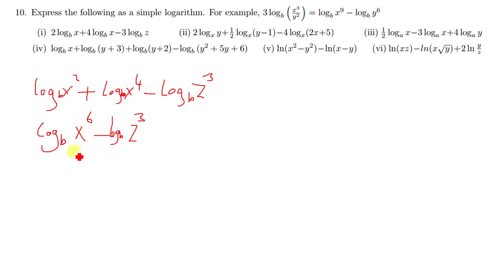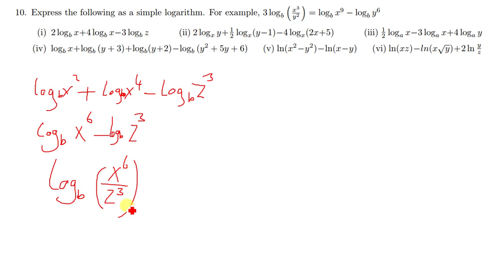Since you are subtracting, it means that you are going to be dividing the functions. So we write the log, the base b, then we divide the functions. We have x to the power 6 over z to the power 3.